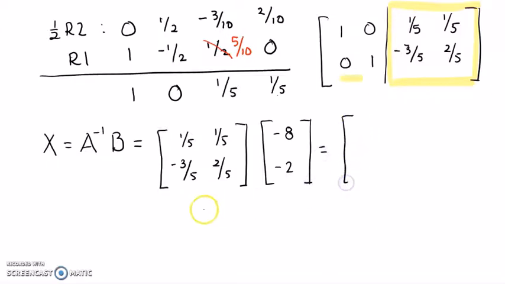And remember, when I'm multiplying a 2 by 2 with a 2 by 1, it is possible my resulting matrix will be a 2 by 1.